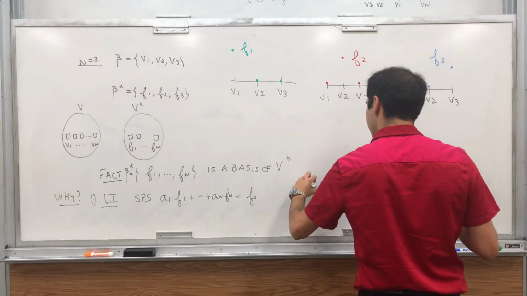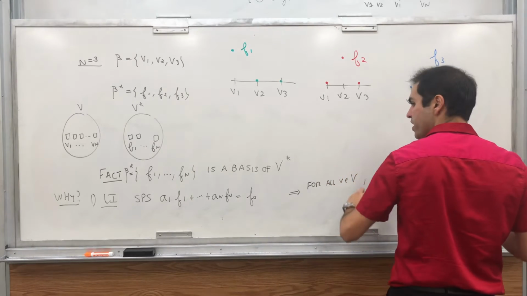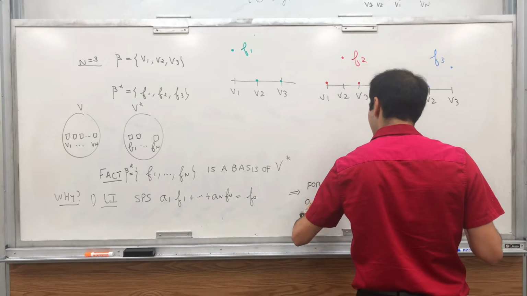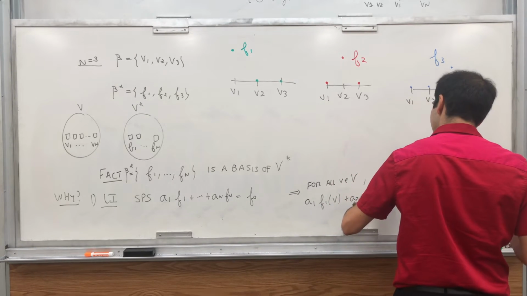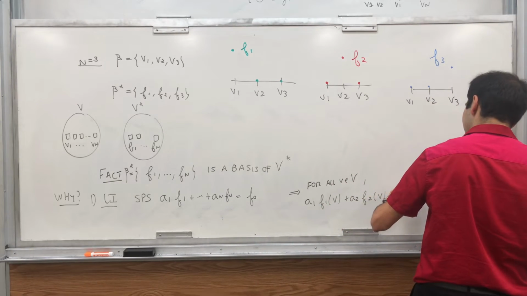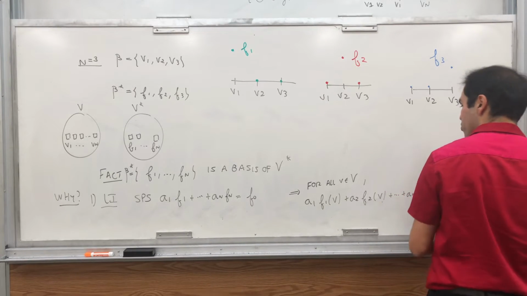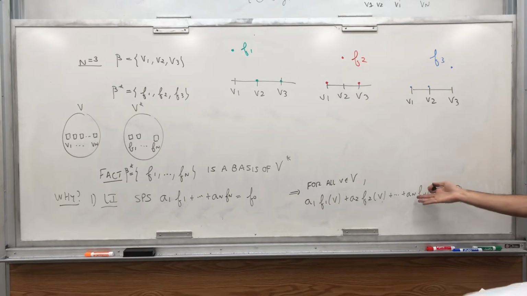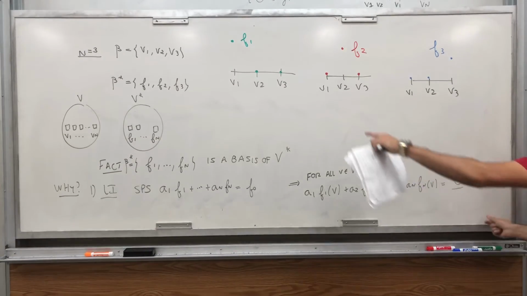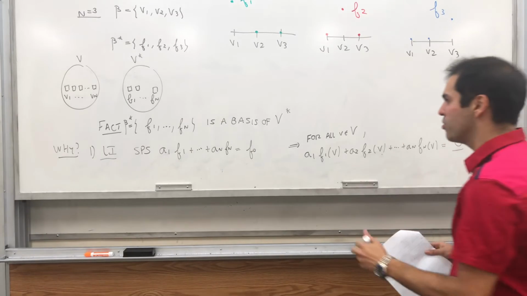So for all v in V, we get a1 f1 of v plus a2 f2 of v plus dot dot dot plus an fn of v equals 0, the zero vector in V. And the idea is simply to choose some very smart vectors. Because look, for example, what happens when you let v equal v1?